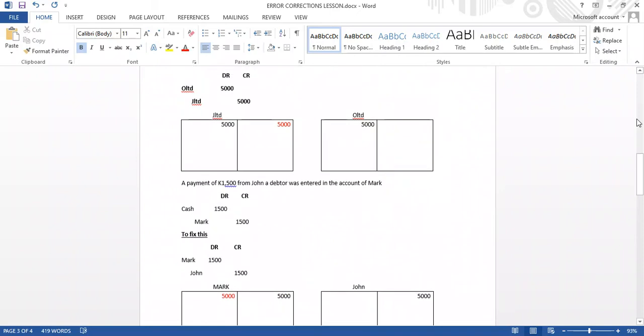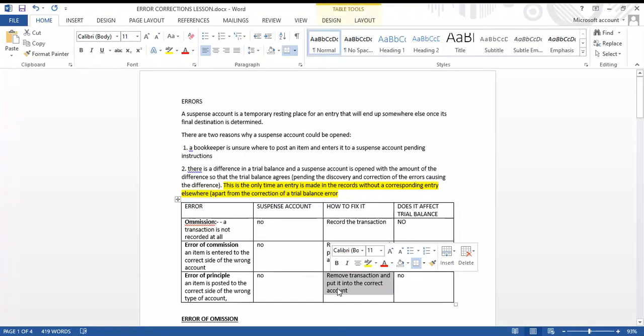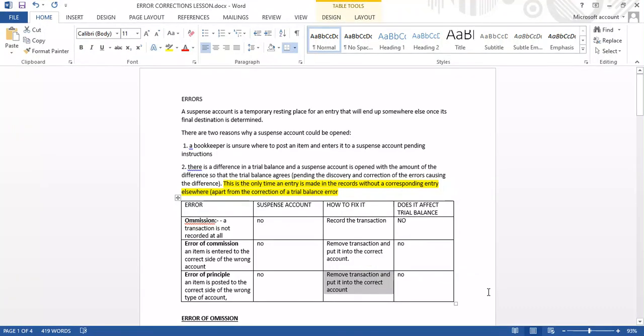The only difference is instead you post the entry to the wrong type of account. Not just the wrong account, but the wrong type of account. No need for a suspense account, it doesn't affect the trial balance. Same way to fix it: remove the transaction and put it into the correct account.